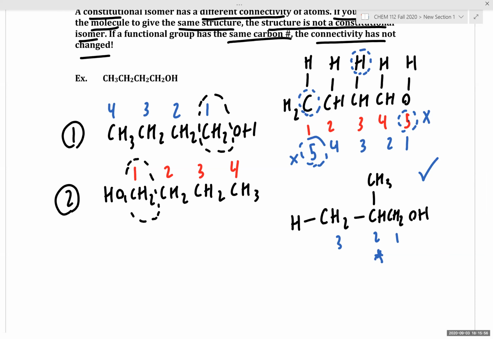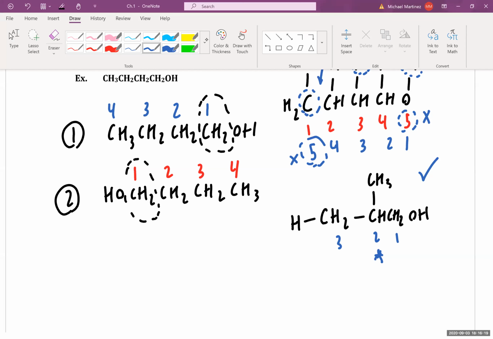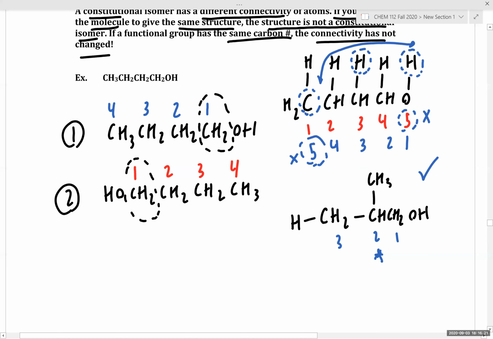What we can do, however, is swap the hydrogen on our oxygen with the carbon. We can swap the hydrogen, and we can generate a structure with an entirely different functional group.